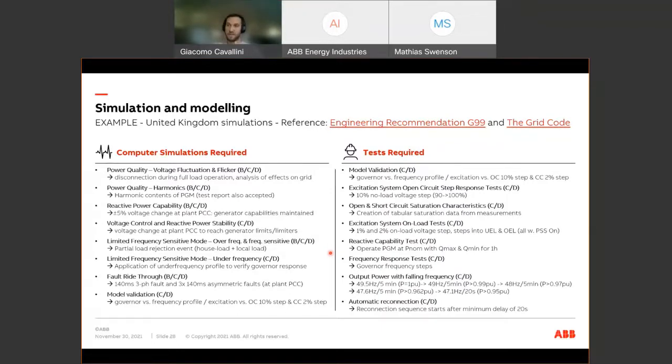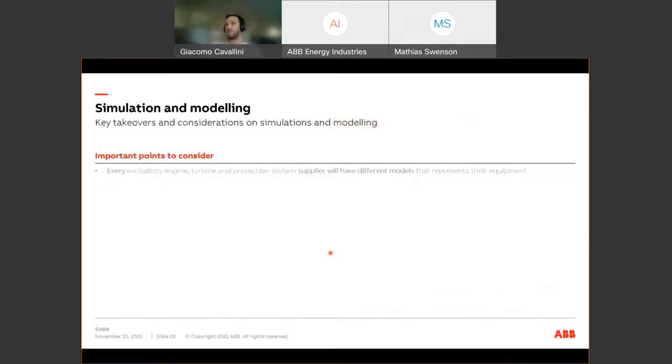Those are typical examples, and the UK grid code and the engineering recommendation G99 give a nice overview of that.